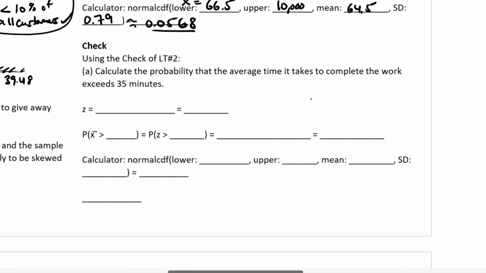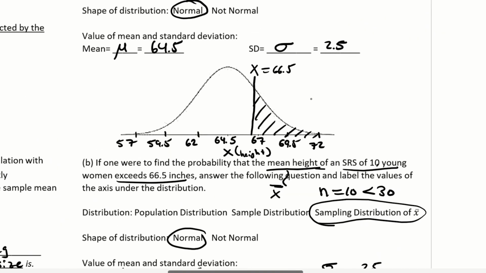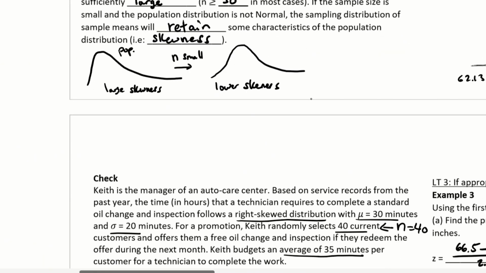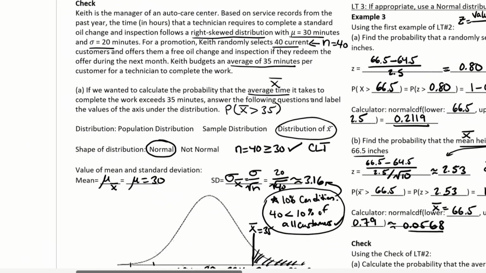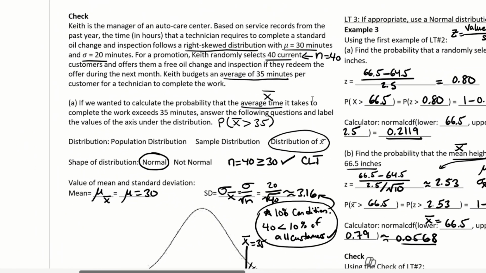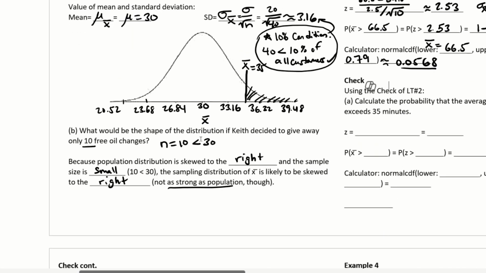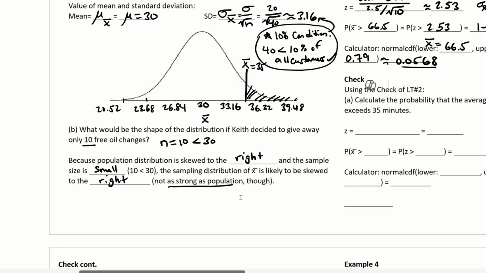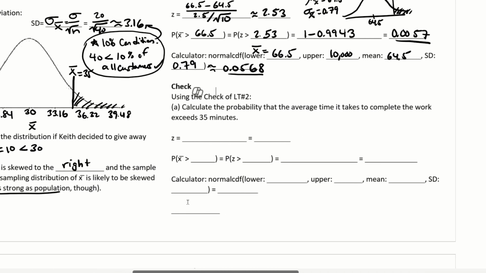I'm going to show you learning target number 2, the check. So this was the check from learning target number 2, right here. So you can get an idea. Based off of this problem, we want to calculate the probability of part A, and then the probability of part B. So pause the video and see if you can try that, this check here.